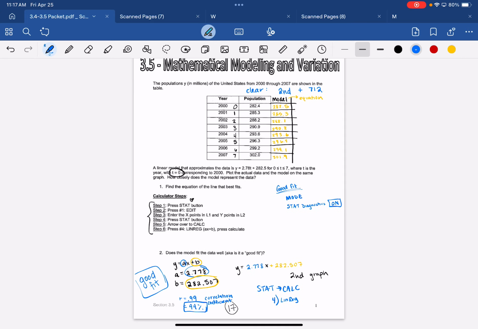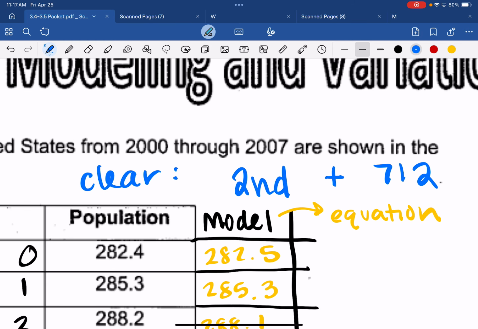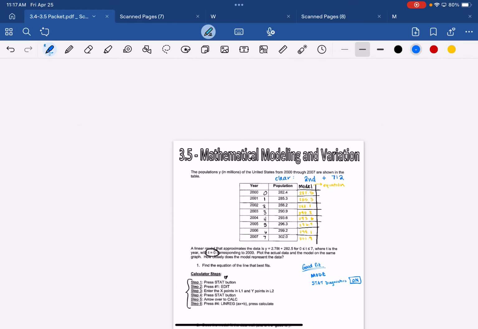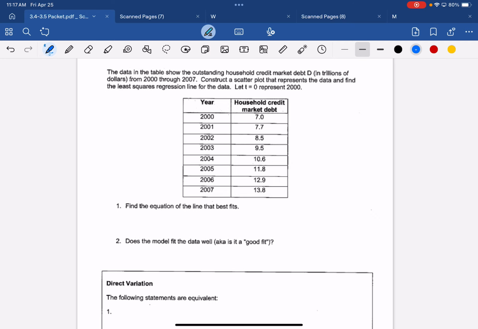So now, because again, this is a lot all at once, we're going to do it straight through how you would do it on a test now, and hopefully it'll click a little more. So right now, clear your calculator. 2nd plus 712, because we're going to use a new table of values. Clear your calculator, 2nd plus 712. And now flip your paper over.